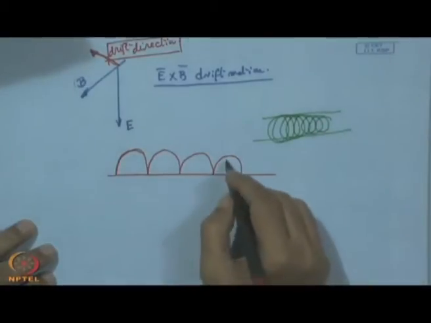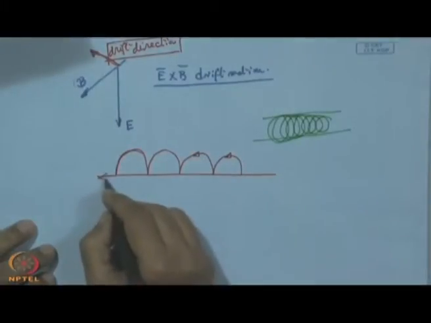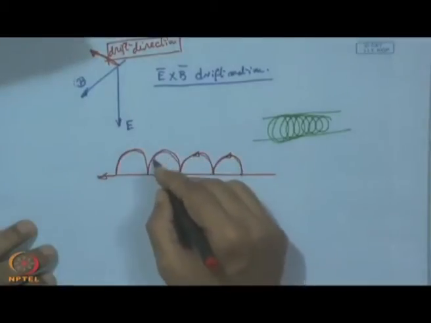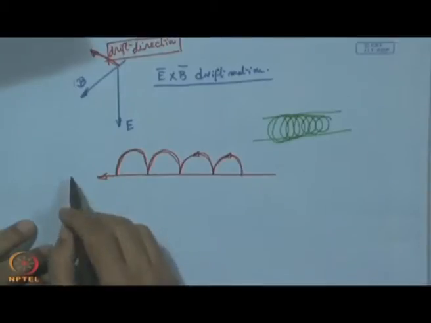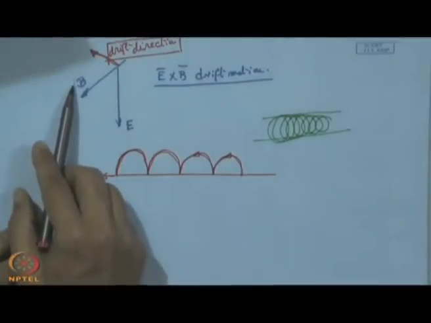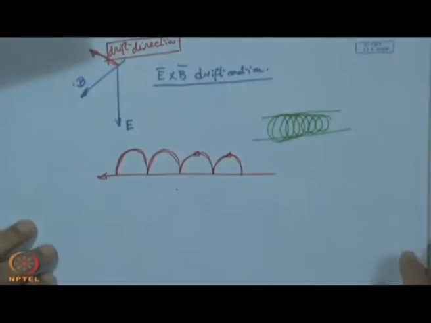So, one is cycloidal. So, it will move like this. So, it is the drift direction, but it will also have this trajectory. So, this is actually the trajectory, but it is directed along this line, which is at right angle to this B and E. So, cycloidal and circular.